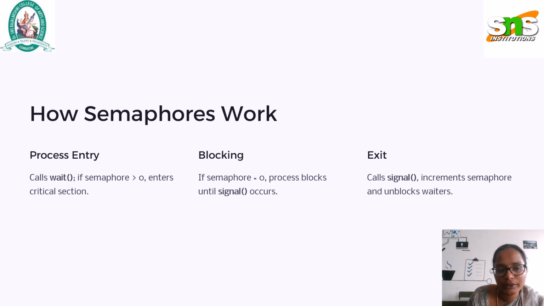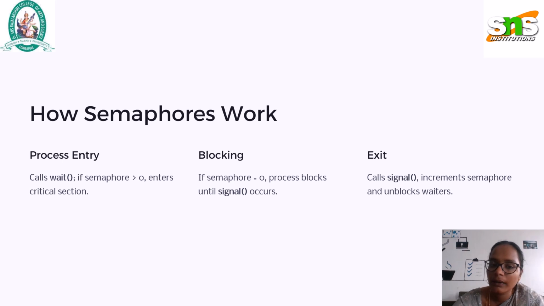How does this semaphore work? If we are using the method wait, it indicates that it is in a critical section. Critical section means some other person is using the same file, so you want to wait until that person completes that particular task, then only you will receive that resource.